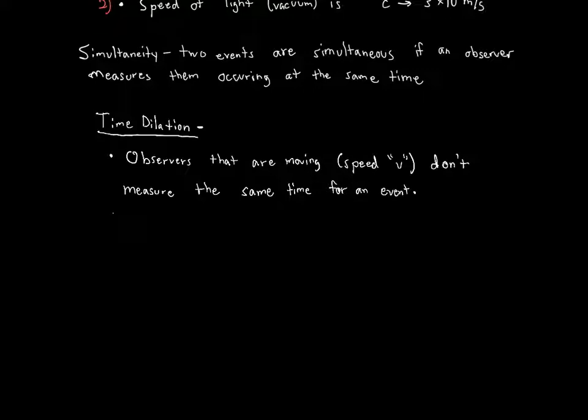Some slightly simpler ways to think of it: time is relative. Time changes based on where you're observing it from, where your reference frame is. Everything is relative. That's why we call it relativity. Time is relative, and basically this results in moving clocks running slow.